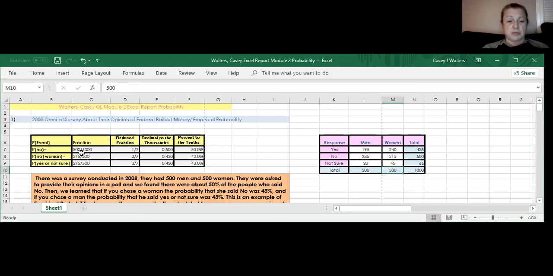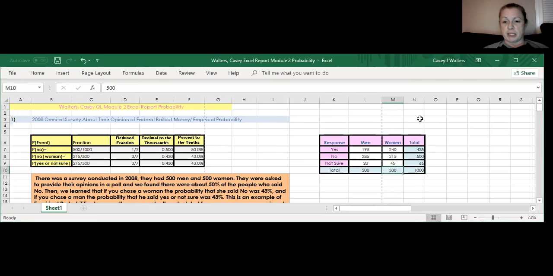You'll see that in order to get the probabilities, I put in the formulas, and then over to the right, in the first box it says reduced fractions, so that's probability as a fraction, and then the next is in a decimal to the thousandths and percent to the tenths.